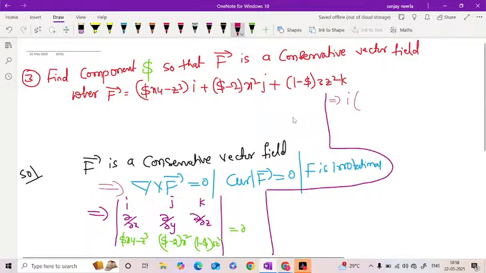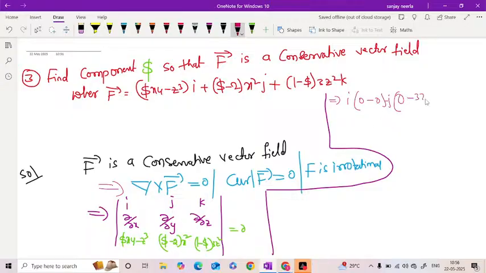Now i into the first result, it is without y, so 0, minus, it is without z, this is also 0, minus j into, it is without x, so 0, and it is with z, so minus 3z square, plus k into, after differentiating with respect to x, minus 2 into x, after differentiating with respect to y, minus x is equal to 0.